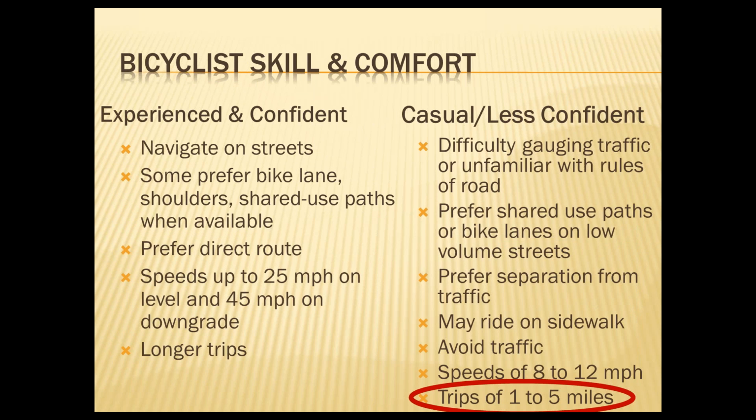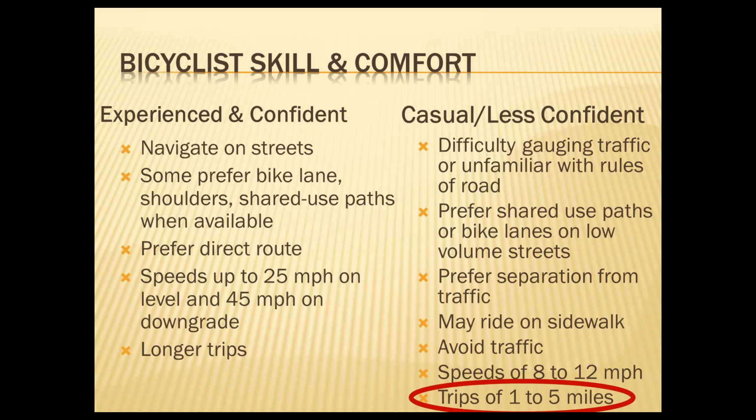Something we want to be cautious of is thinking about the type of bicyclist we're designing for. We see the experienced and confident riders frequently on any type of roadway, and they'll navigate on streets. And while they navigate on streets, they might prefer having a separate bike lane or even an off-street facility, but the fact that one doesn't exist won't stop them from traveling on the roads.